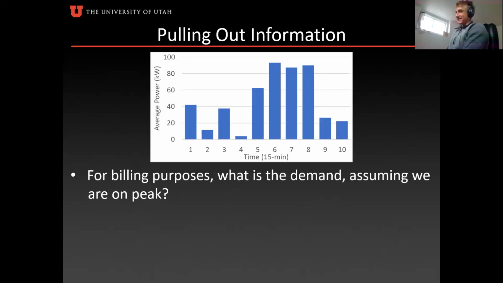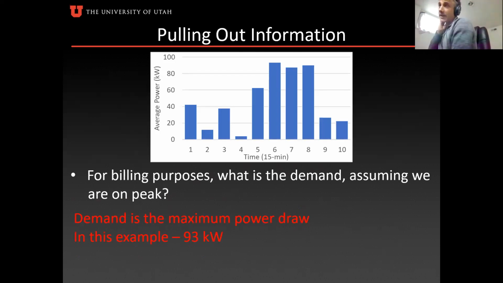So it would be the highest demand out of any of these 15-minute intervals. So in this case, it'd be that block number 6. Awesome. Thanks, Nestor. Yeah, so that would be 93 kilowatts. So it's just looking at it and taking the highest value. So 93 kilowatts. Okay.